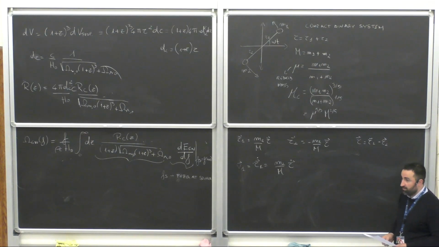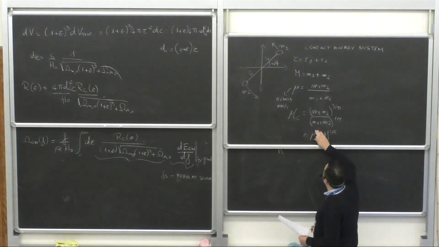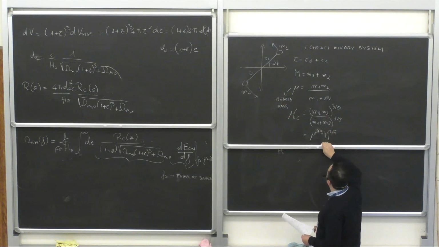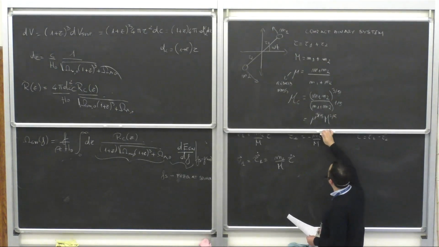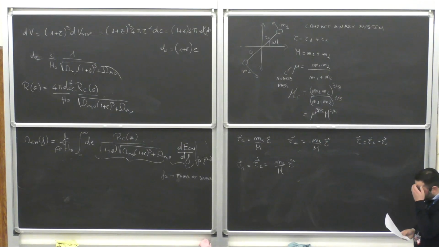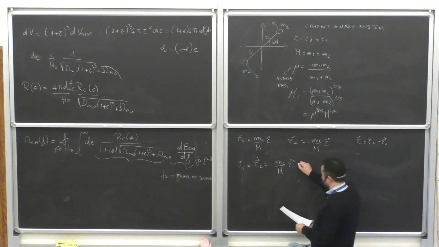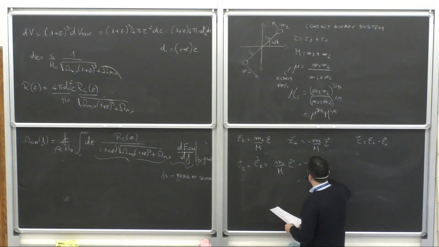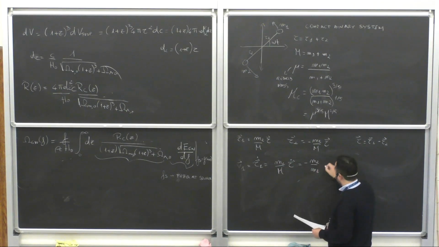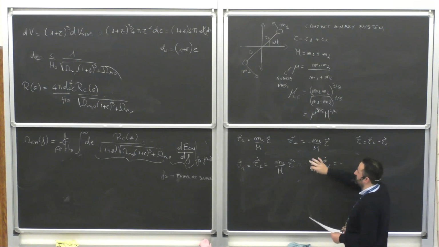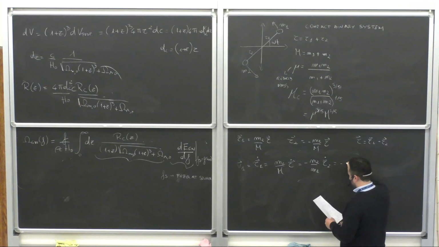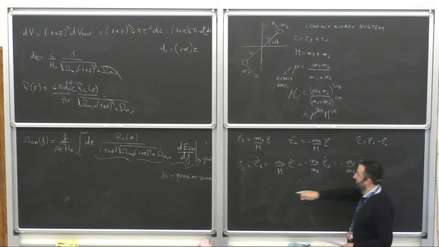3 over 5, probably you are right. Yes, oh yes, of course, thanks. And this is equal to minus m2 over m1 r dot 2, I am just rewriting this in terms of the ratio of the two masses. Okay, and I relate v2 and v1.